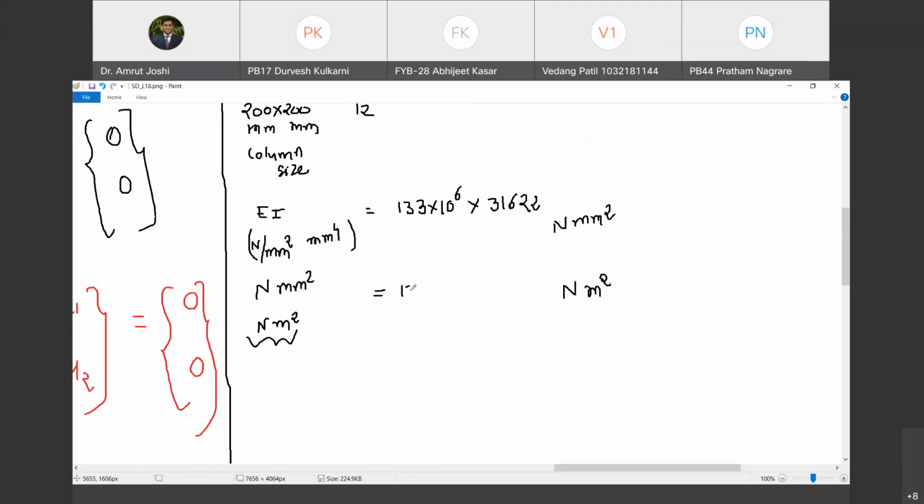So 133 into 10 power 6 into 31,622 multiplied by 10 power minus 6. Yes. So this is going to cancel out. So can you tell me now the value of EI? Multiply 133 by 31,622. Sir, around 4205726.